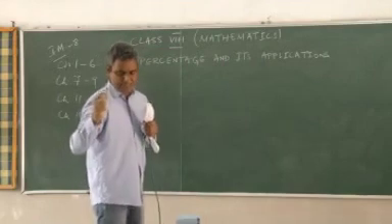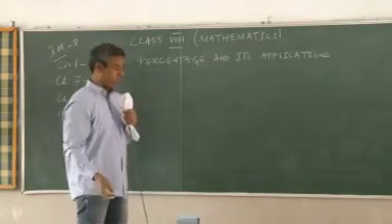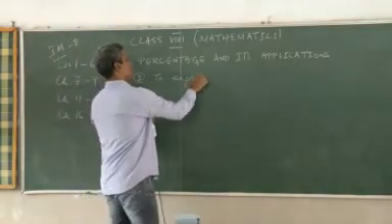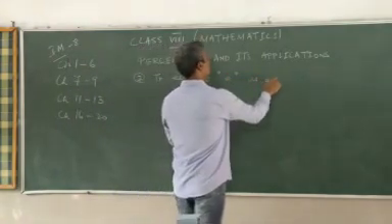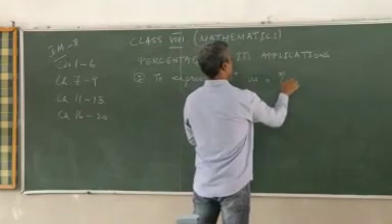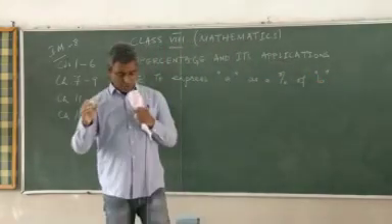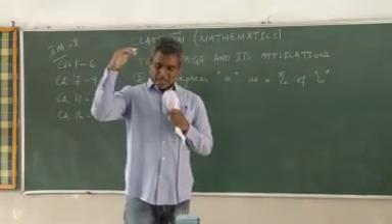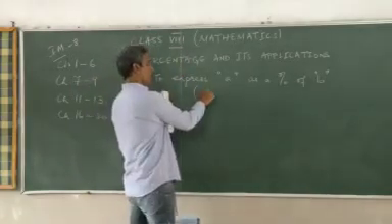To express one quantity as a percentage of another quantity. Let me call the first quantity A as a percentage of B. So I have two quantities, A and B. I want to express A as a percentage of B. One basic rule.